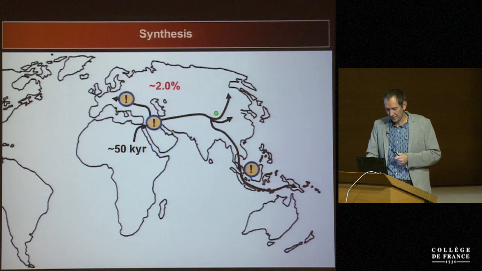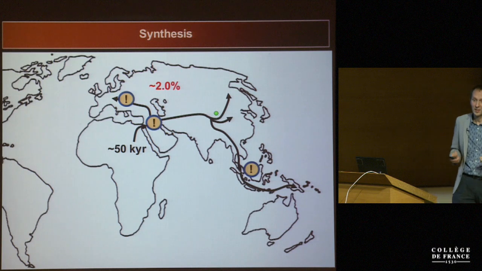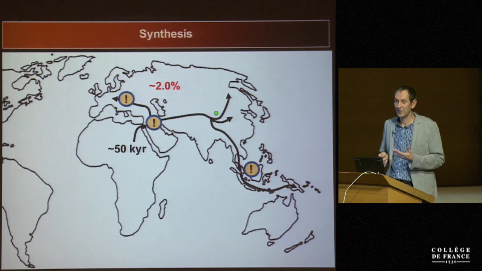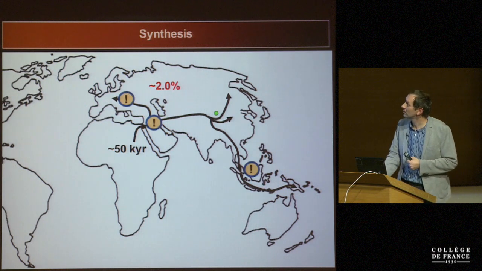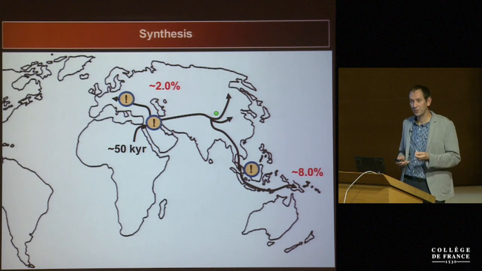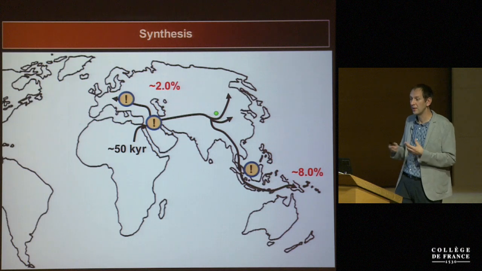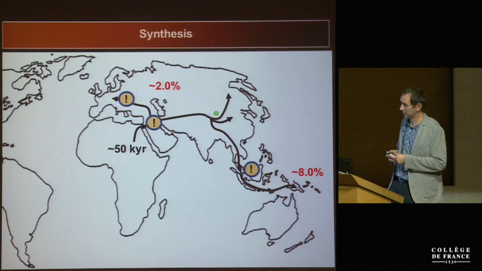So after these archaic humans, Neanderthals and Denisovans, went extinct, they still left some traces in us: about 2% Neanderthal ancestry in people outside of Africa, and on top of this, in people in this part of the world, 6% Denisovan ancestry, so you come up to almost 10% archaic ancestry in these individuals.